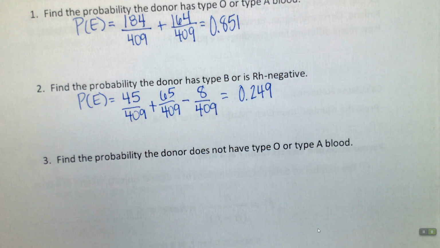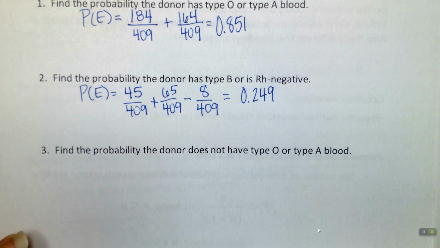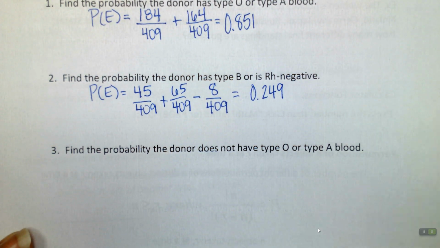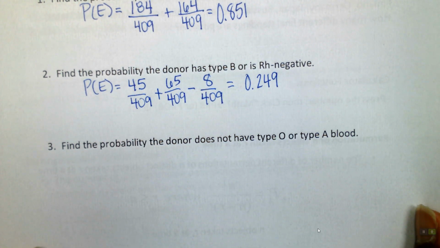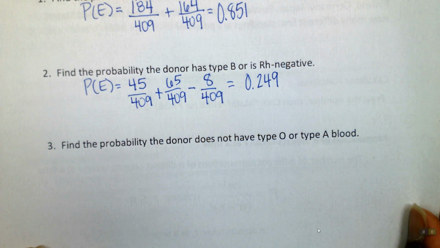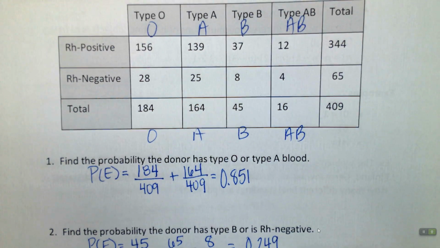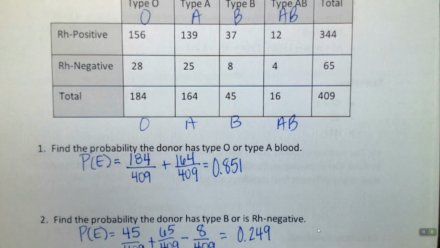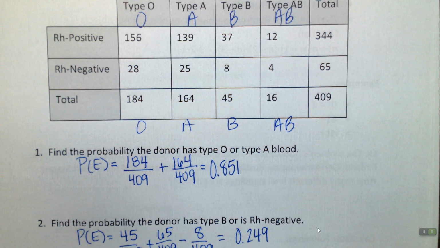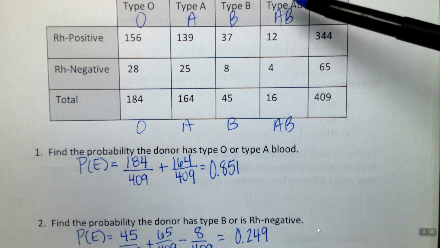Alright, find the probability the donor does not have type O or A. Does not have type O, type A. So if they don't have type O, type A, what are we talking about? We're actually talking about B and AB.